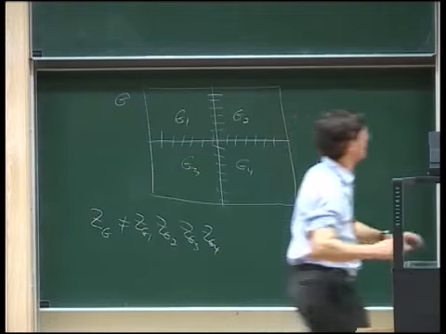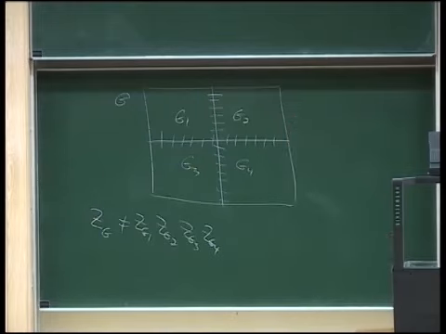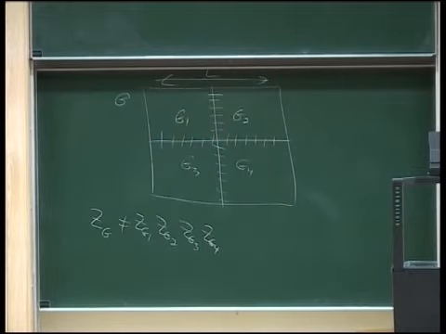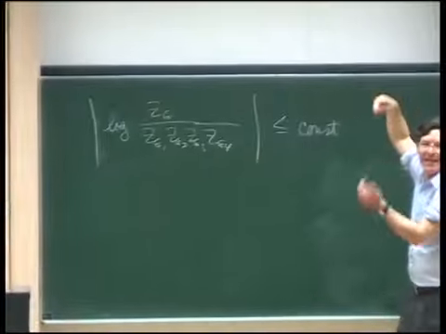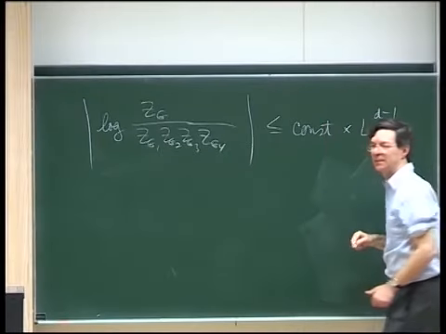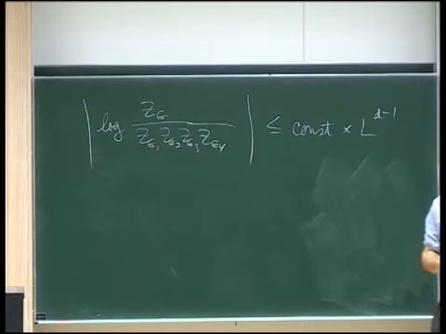More precisely, you can show that the log of Z_G over Z_G1 Z_G2 Z_G3 Z_G4 is bounded above and below. Let's say this is an L by L box, or L to the d in d dimensions. You can show that this is bounded by a constant times L to the d minus 1, the surface area.